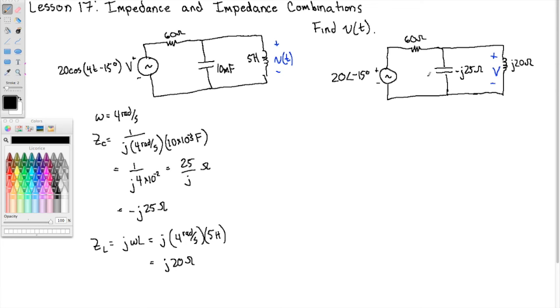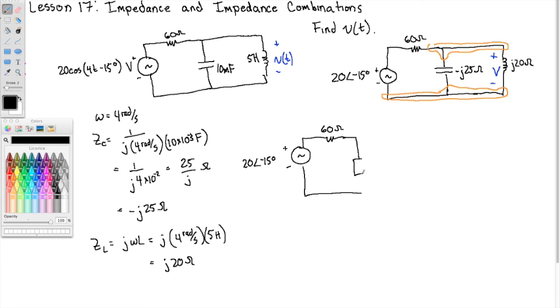Alright. Now, as we've already said, the inductor and the capacitor are in parallel because they're connected to the same two nodes. So I can combine those guys. Right, so this gives me, again, 20 angle minus 15 degrees, 60 ohms. And here I'm just going to draw a box. I'm going to label its impedance. And the equivalent impedance of these two things is, well, when two things are in parallel, I can do the product over the sum.